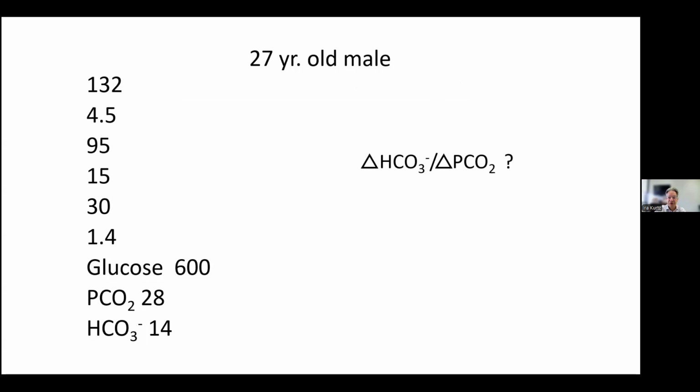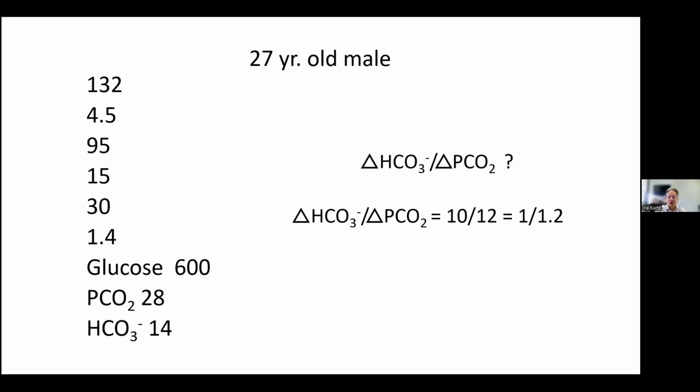So here's another patient. So when you do the math, you see that it's 10 to 12 or 1 to 1.2. Again, essentially the changes are almost equal. That's another conceptual clue.